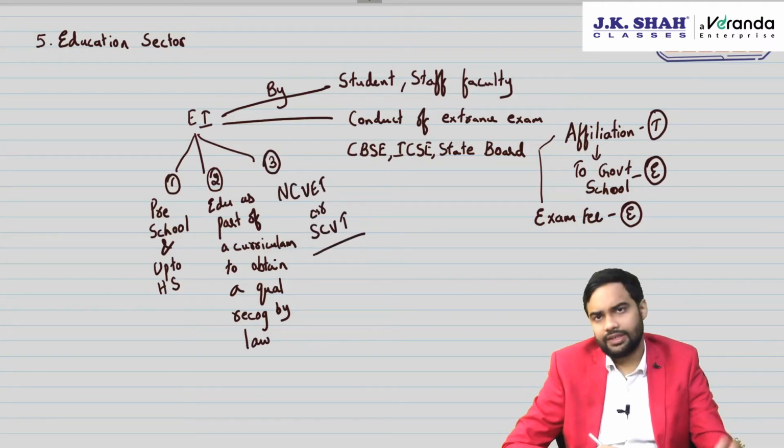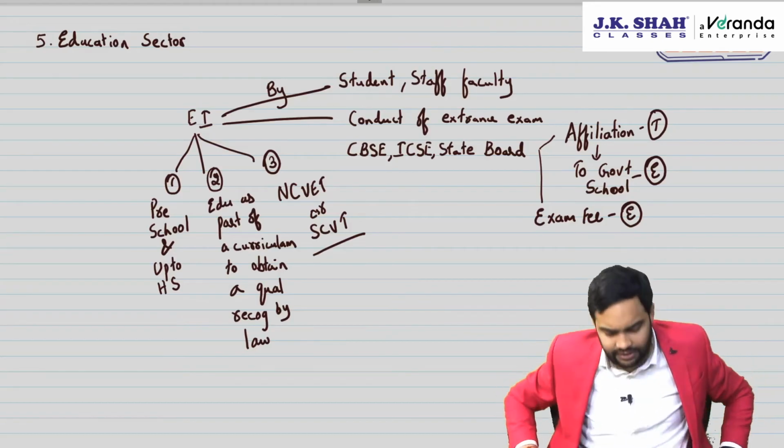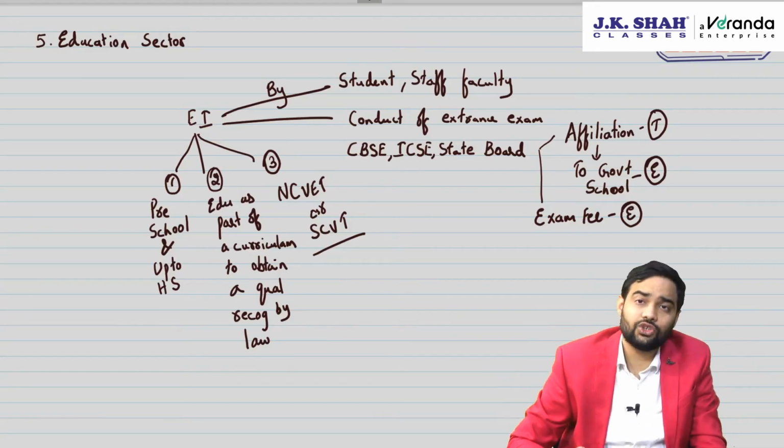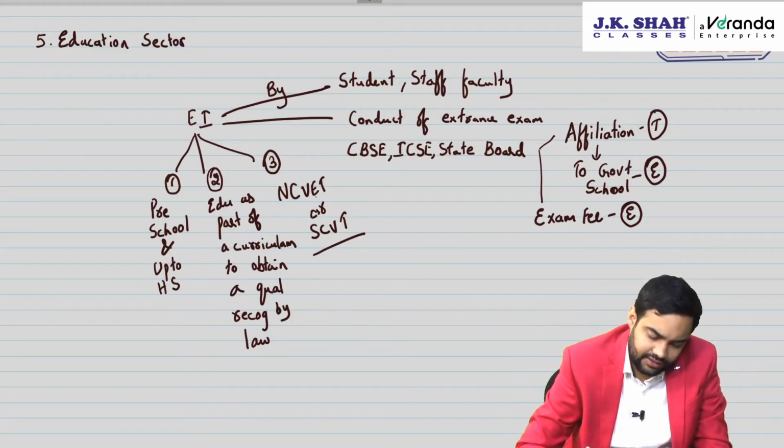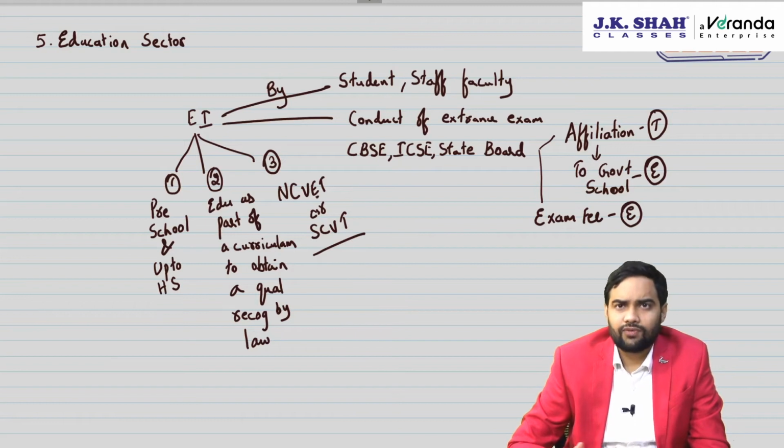SCVT means State Council for Vocational Training, but the name of NCVT is changed, National Council for Vocational Education Training. So they have added the word education, that's the change, and they have given some more functions, and one more entry is clubbed with National Skill Development Corporation.